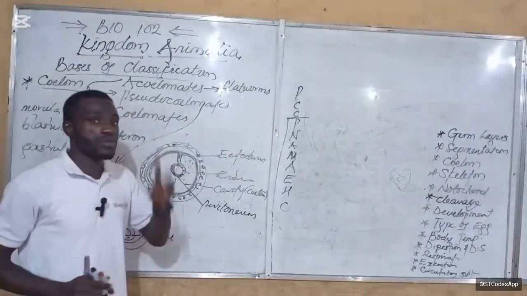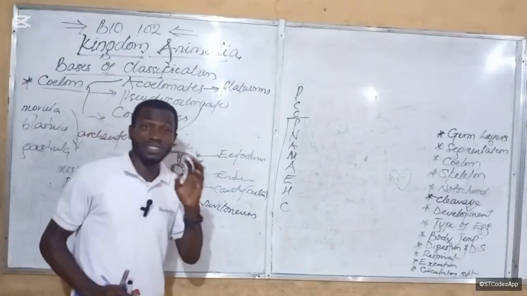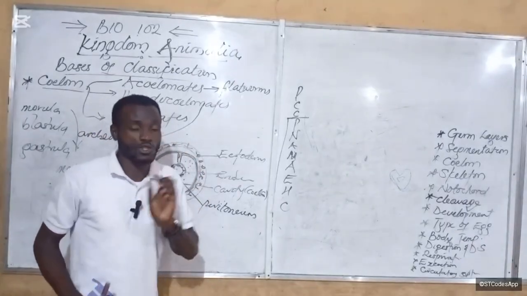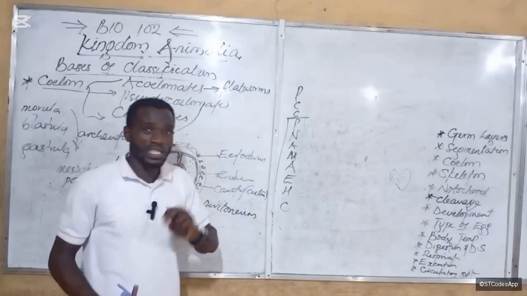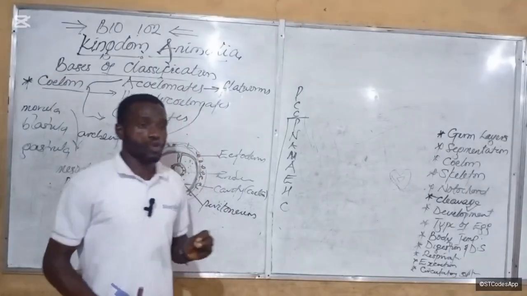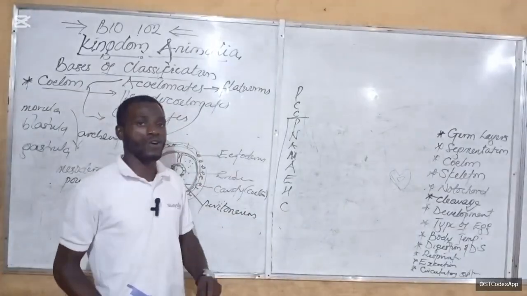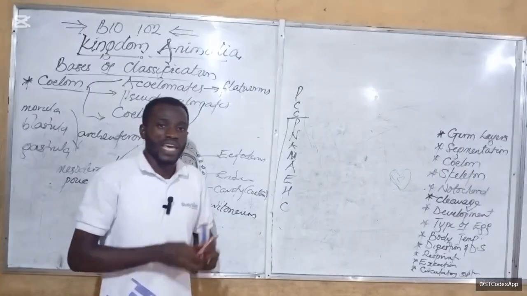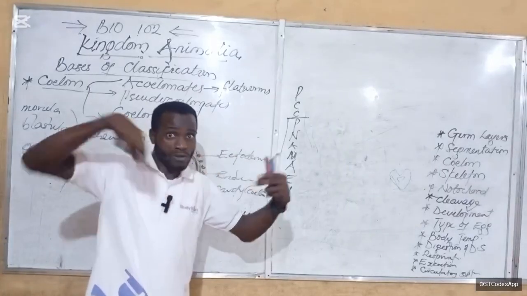So an organism can be triploblastic yet be acoelomate. Coelom is body cavity. So the presence of body cavity is what makes an organism coelomate. Platyhelminths are triploblasts, but they are not coelomates because they only consist of a thick mass of cells from the inside to the outside.